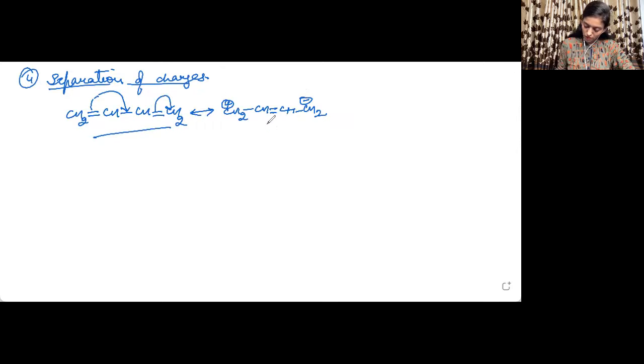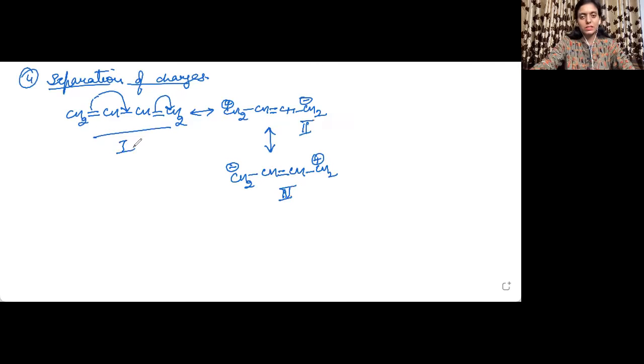Positive. And the third one is, we have already drawn it. You can see there. Here it is, positive. Now, we are having separation of charges in this structure number 2 and structure number 3. Structure number 1 does not have any separation of charges.